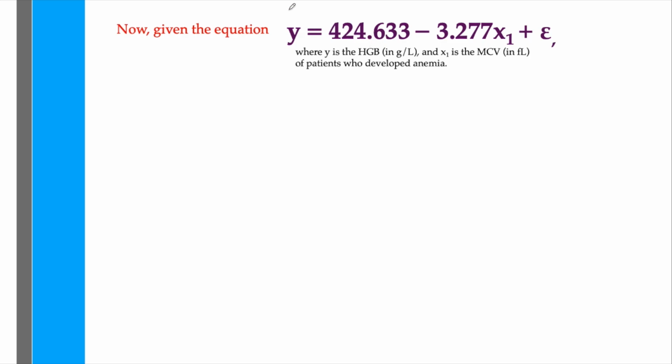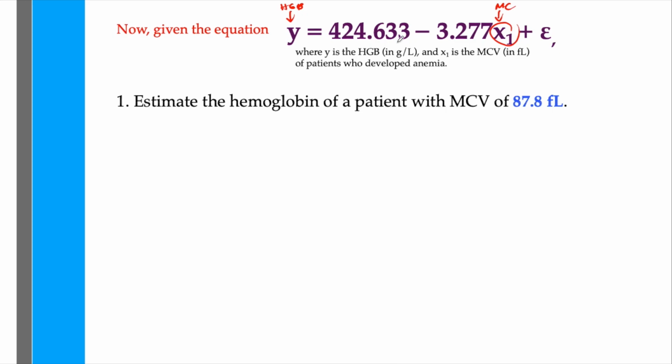Now, given the equation again in which y is your hemoglobin and x sub 1 here is your MCV, suppose we're asked to estimate the hemoglobin of a patient with MCV of 87.8. Now, all we have to do is to substitute this value as your x sub 1 to have an estimate of y. Note that when we estimate y, we ignore this error term first.